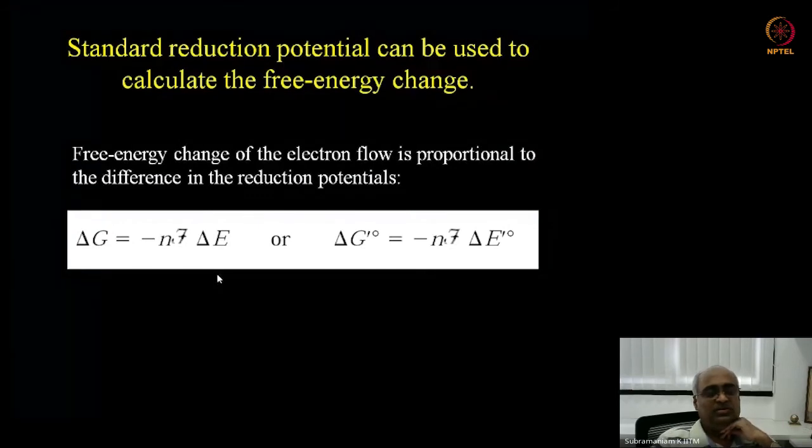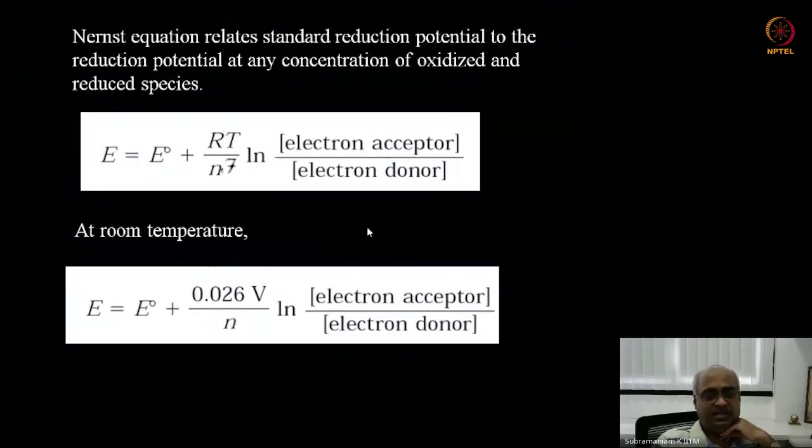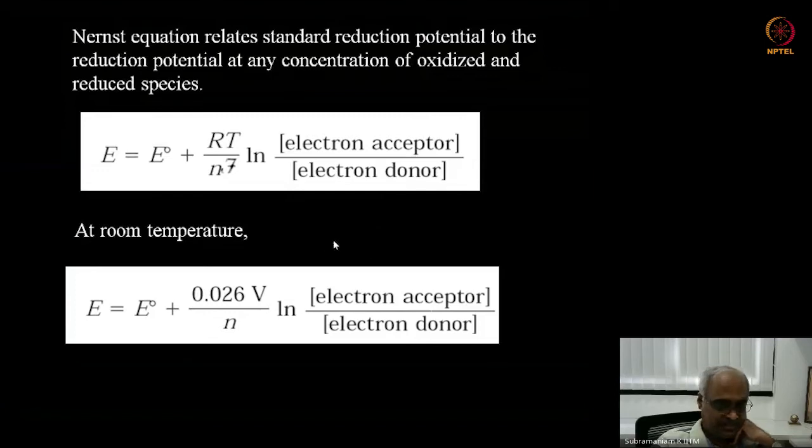So if the concentrations are given, using this equation you will be able to calculate the reduction potential for that given concentration for that redox pair.